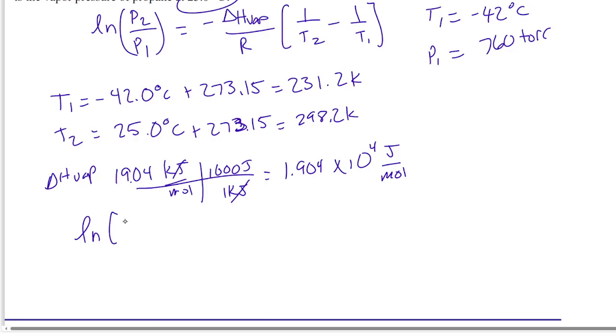Ln of P2 over P1 is equal to negative delta H of vaporization over R times 1 over T2 minus 1 over T1.